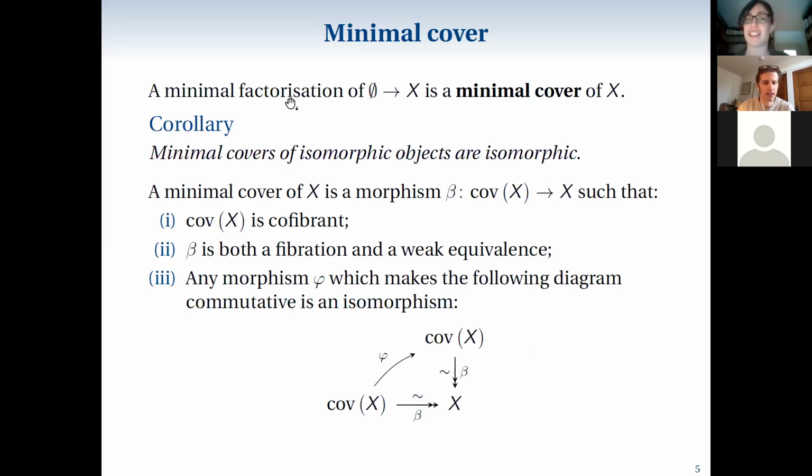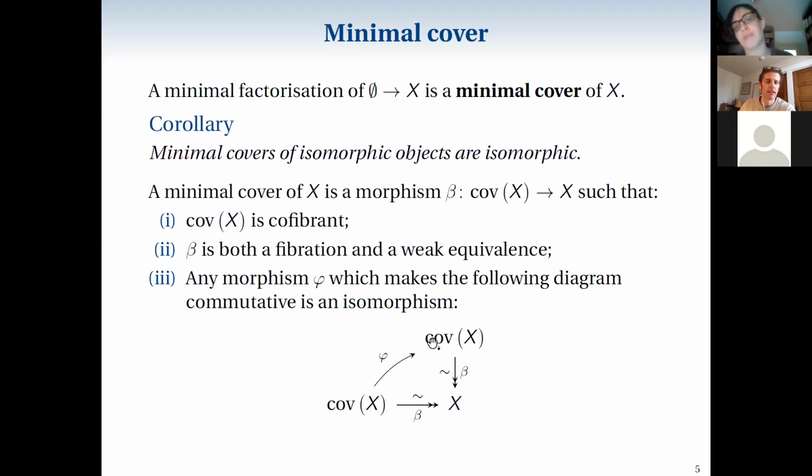It is the minimal factorization of the morphism from the initial object to X. So the minimal cover of X is the factorization of the morphism from the initial object to X. And if we want to unpack this definition, it means that it is a morphism such that the domain is cofibrant and the morphism is a fibration and weak equivalence.